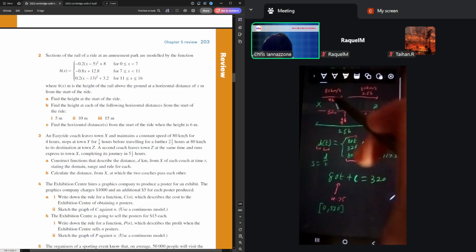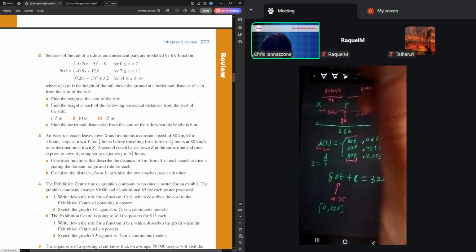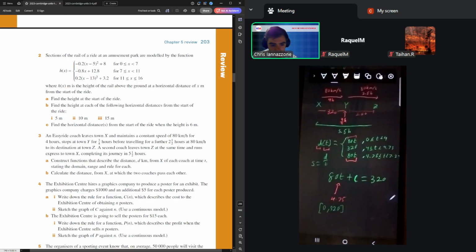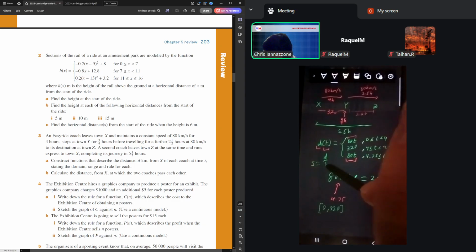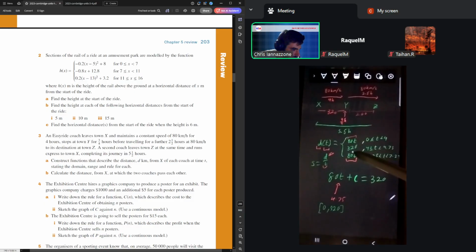As long as we have any two of those, we can get the third and have a full complete journey. We had our time information, 5.5 hours from Z to X. We didn't have any of these until now. We do know the full distance. It said it ran express at a constant speed. Well, technically it didn't say it ran at a constant speed. We've got to kind of assume.